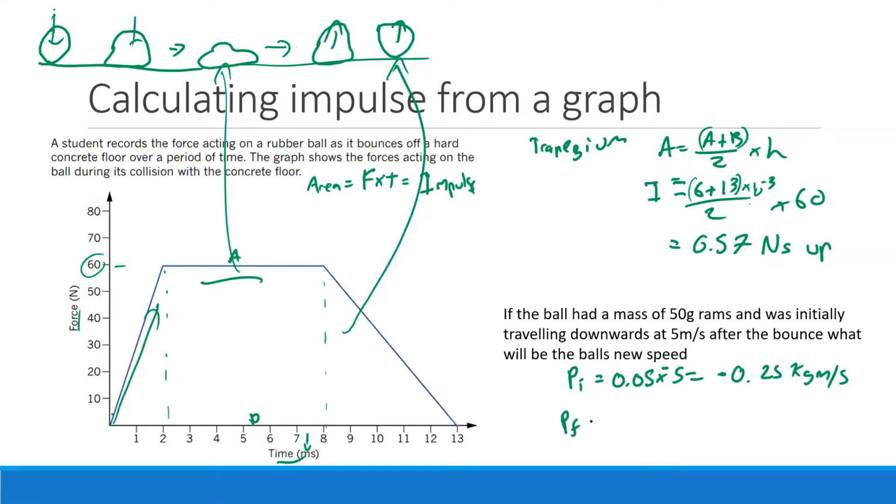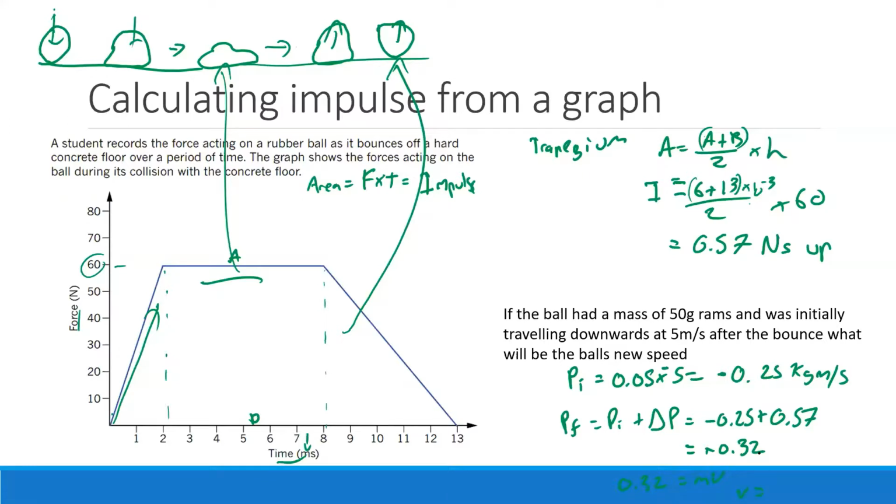So P final is going to be P initial plus the change in momentum, which is negative 0.25 plus 0.57 equals positive 0.32, which equals mass times velocity.